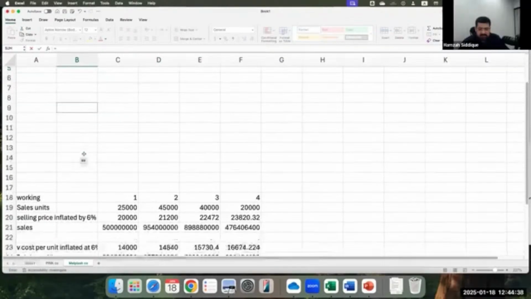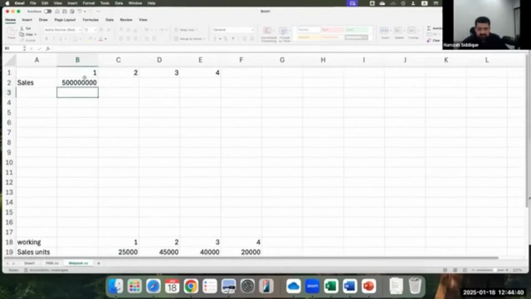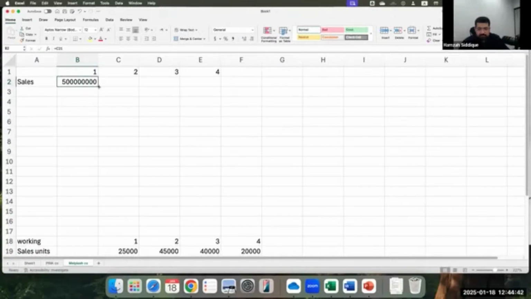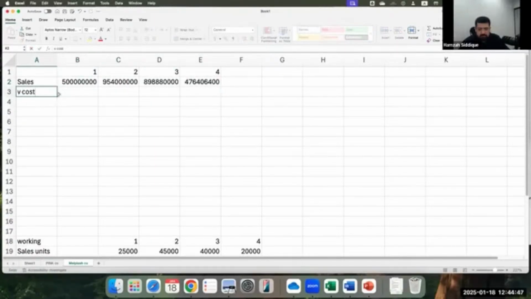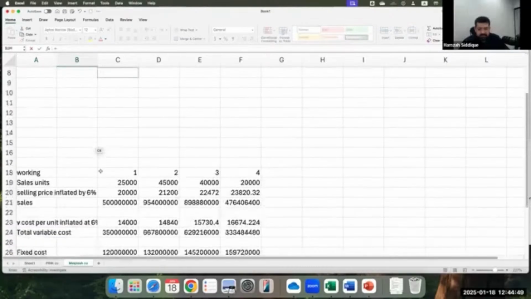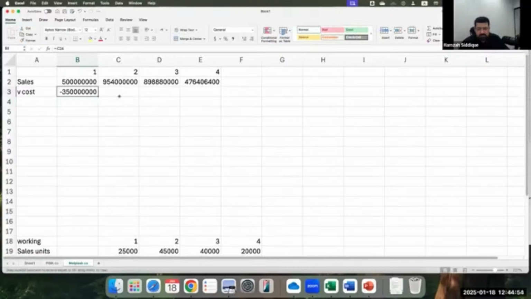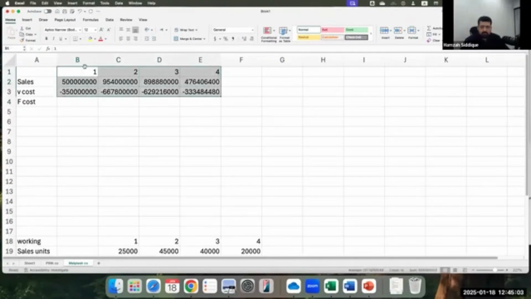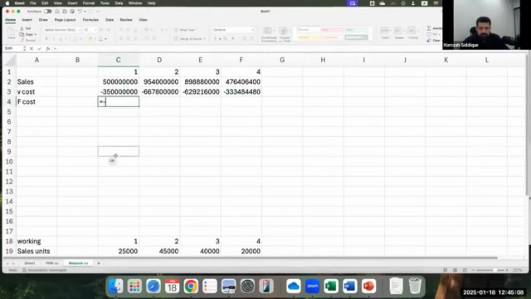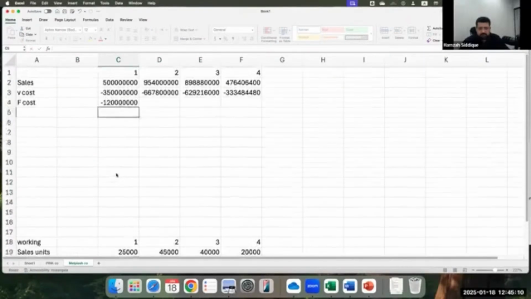First of all, sales, less variable cost, minus variable cost. Then fixed cost. Here we go.